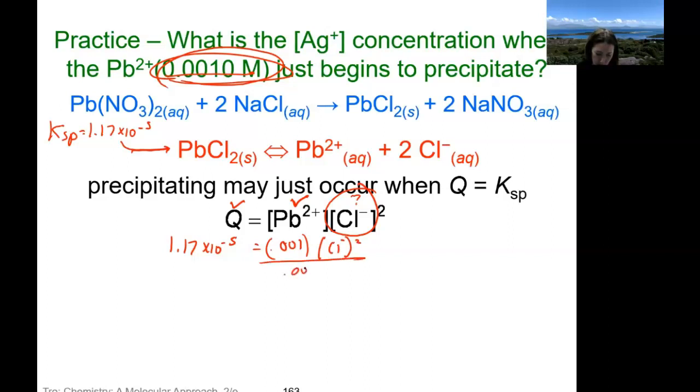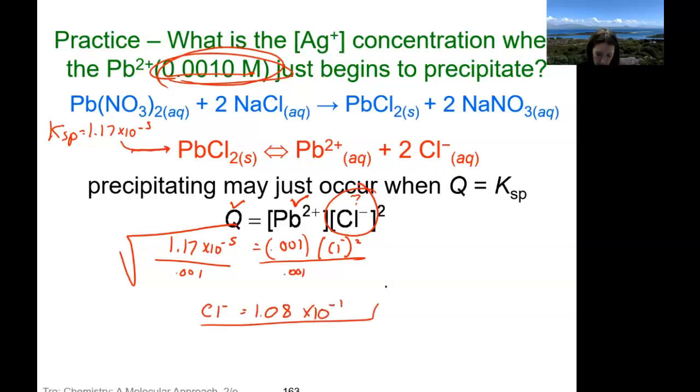So just divide by 0.001, that's too many zeros, and take the square root. And Cl minus equals 1.08 times 10 to the negative 1. So that is our Cl concentration. So everyone's good on this setup here? Any questions on this?